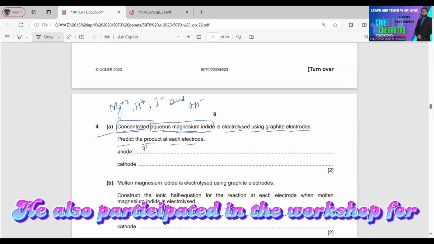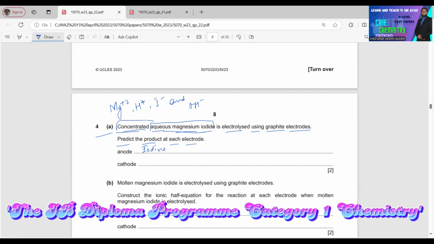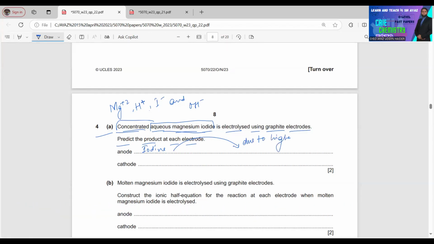So I will write iodine, due to higher concentration of iodide ions. What about the cathode? At the cathode, both Mg+2 and H+ ions will move, but only H+ ions will get discharged and hydrogen gas is produced.